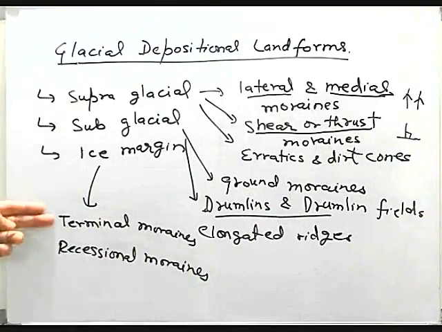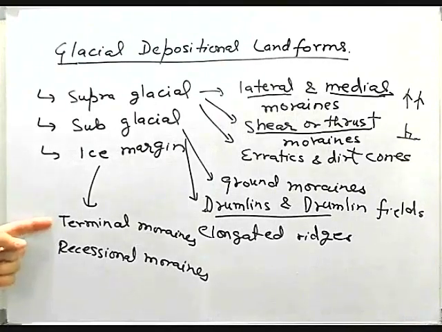Terminal moraines are the dumps of glacial till at the snout of a glacier, at the end of a glacier where the glacier is terminating, and the existence of terminal moraine indicates that the glacial snout has been stable at that particular location for some time.